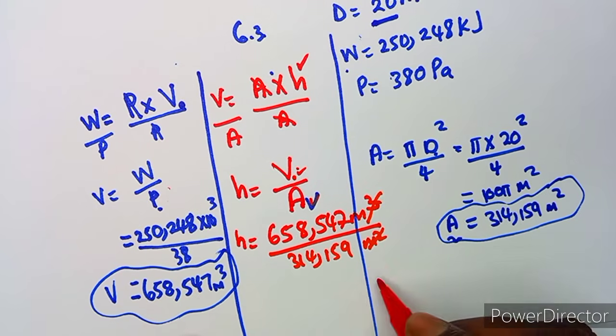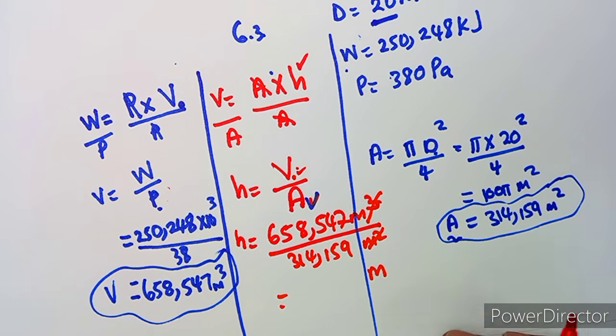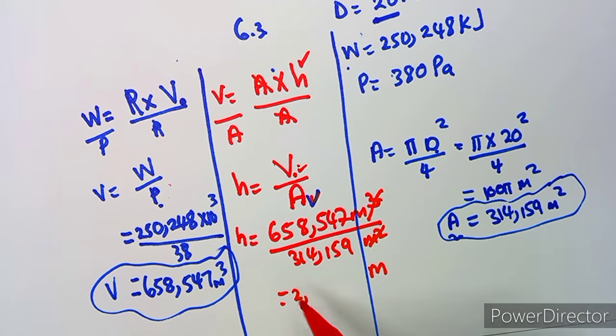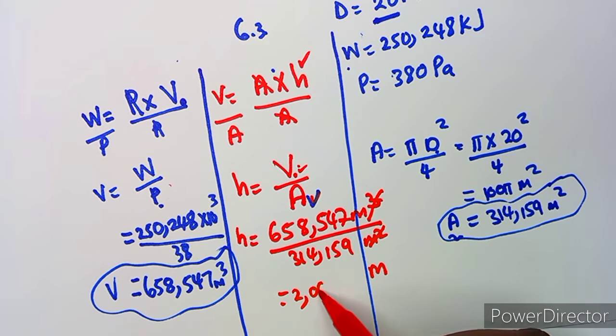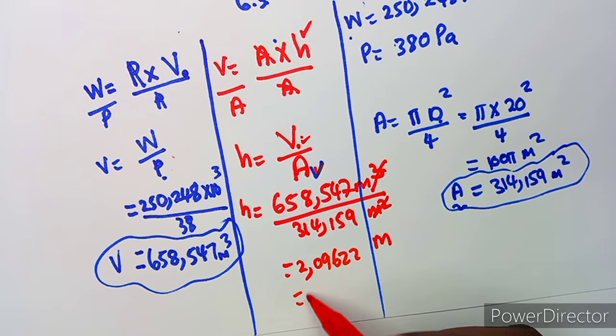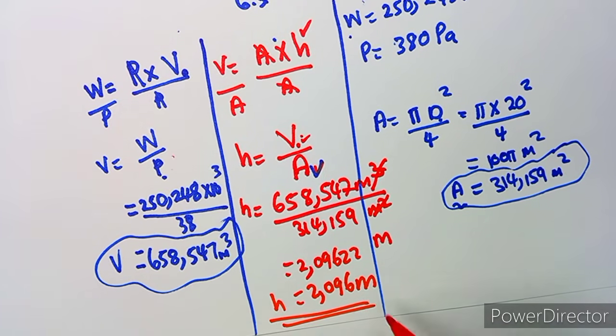As you can see, this will be in meters. Dividing properly, we shall have our height in meters, which is going to be 2.09622 something like that, so 2.096 meters. So this is your height.